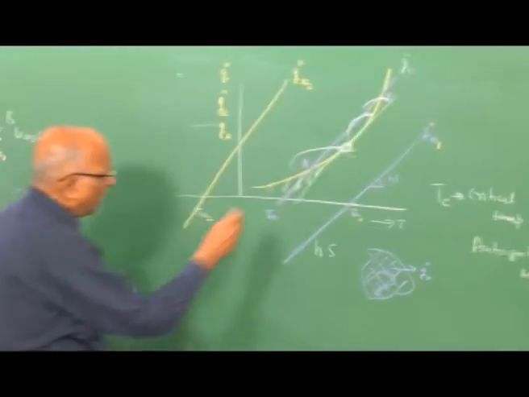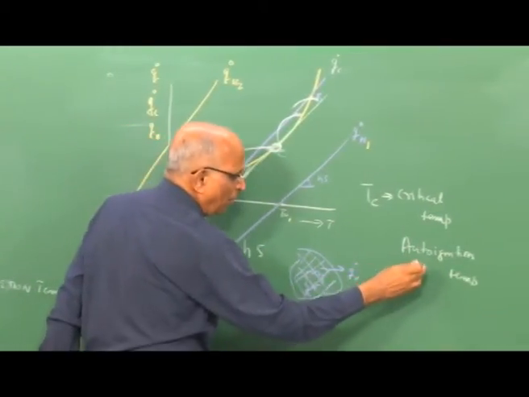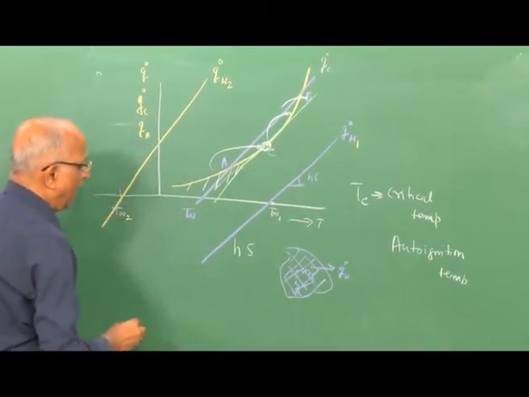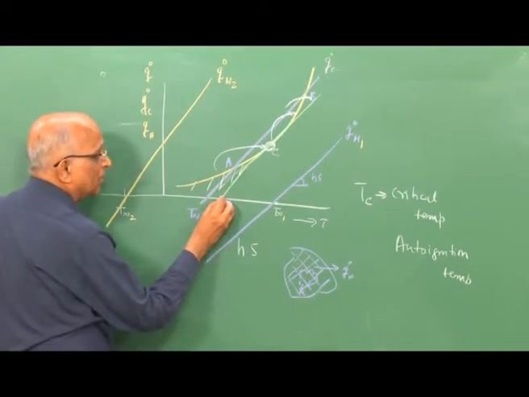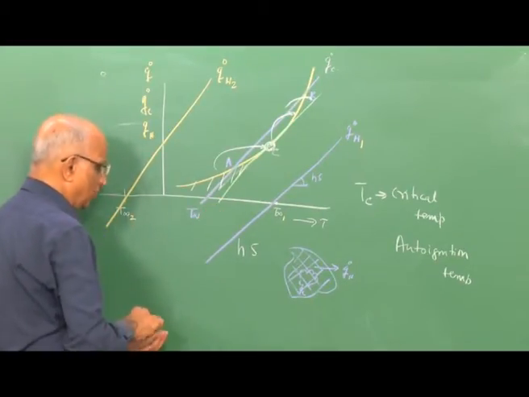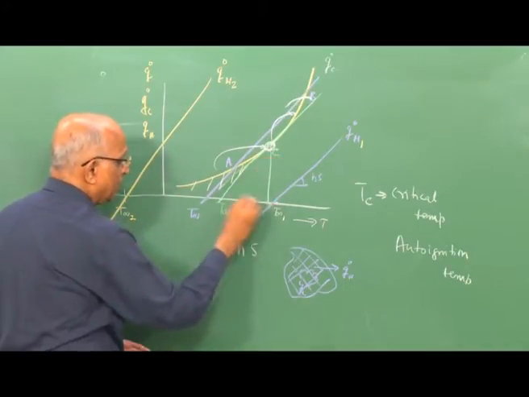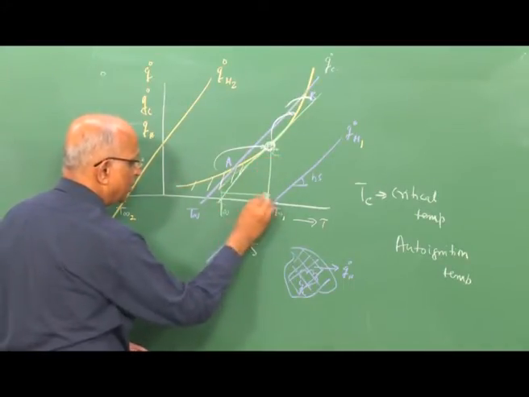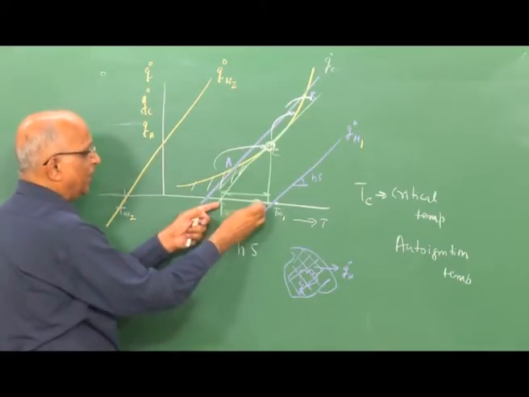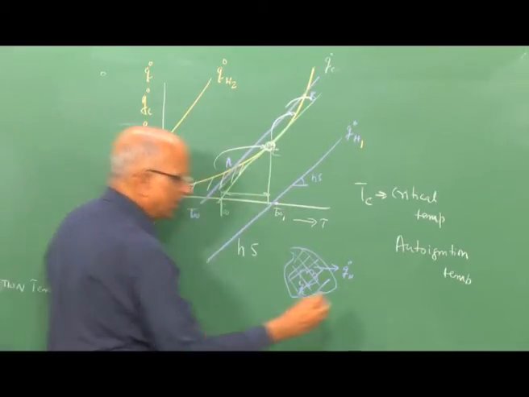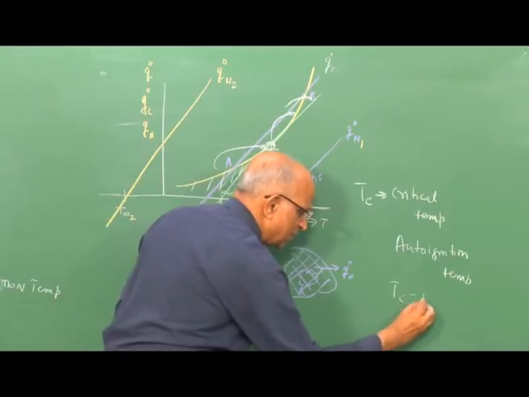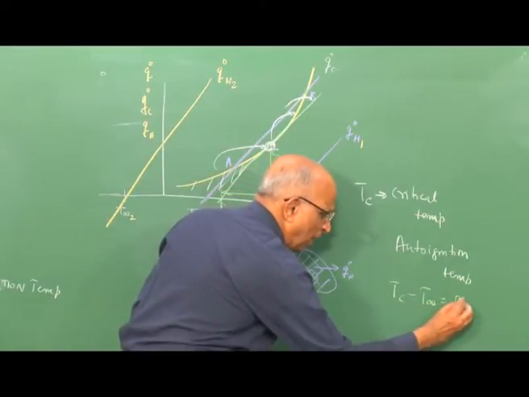Therefore, I would like to find out the value of the auto ignition temperature. If this is the point over here which corresponds to T ambient, the temperature increase from T ambient to Tc is what we have to heat the mixture, and this temperature increase, Tc minus T ambient, is what we call the preheat.